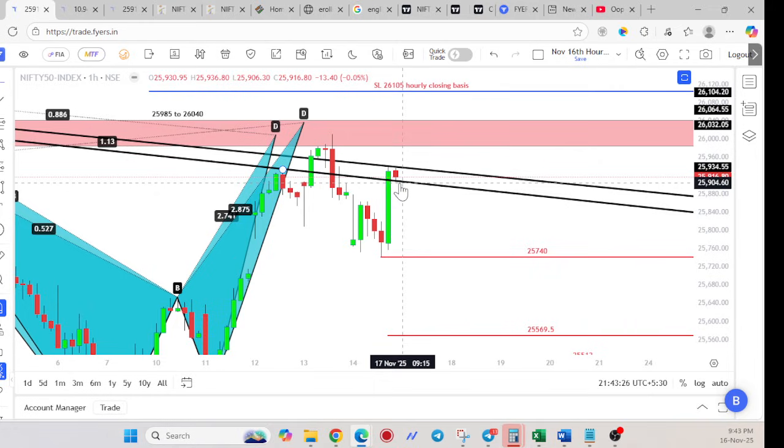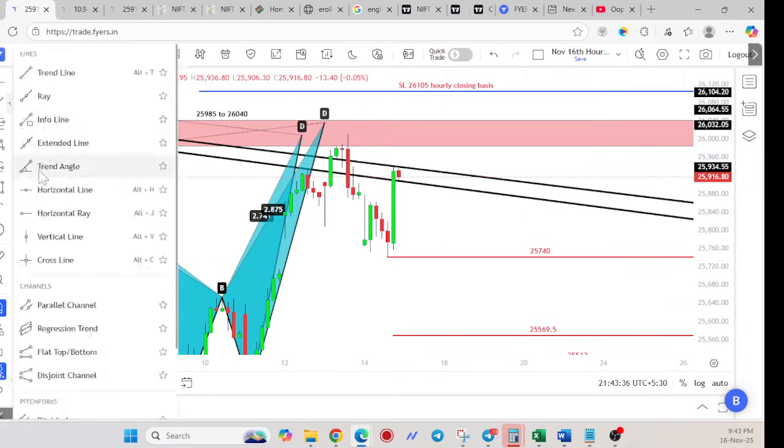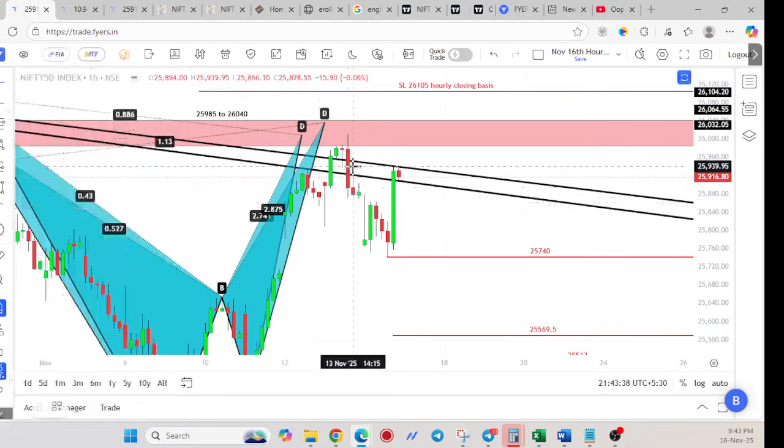For Monday we need to cross this high, which is at 25,940. Let's draw one more horizontal line here. This is telling us very clearly that we need to cross 25,940 on Monday, that is tomorrow morning.